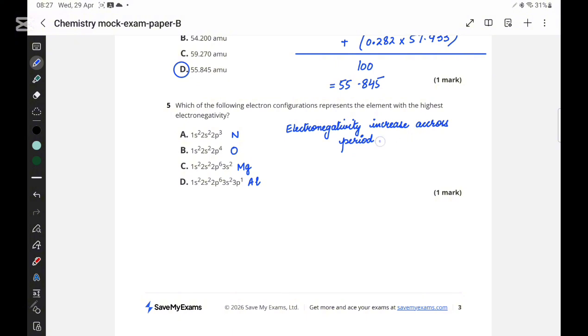So it increases across the period, and also it decreases down the group. So you need to see that oxygen is the element which is present at the most right and top. So you are going to say that oxygen is going to be the most electronegative element.